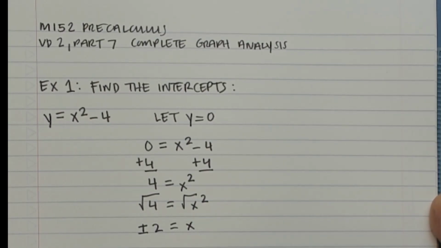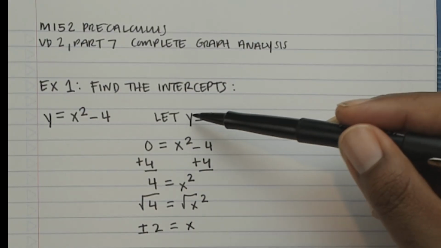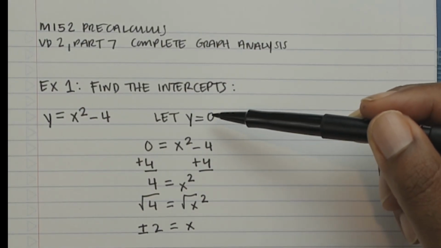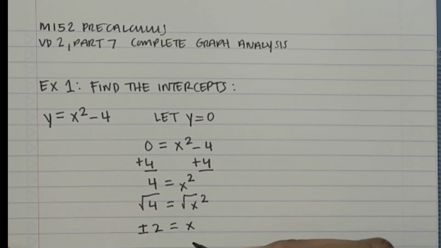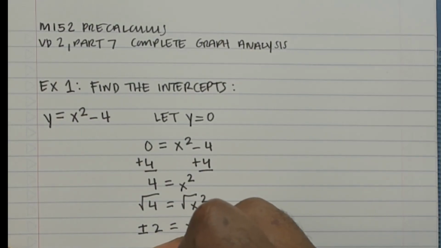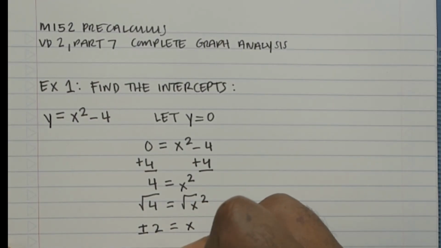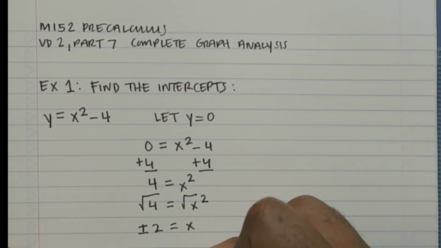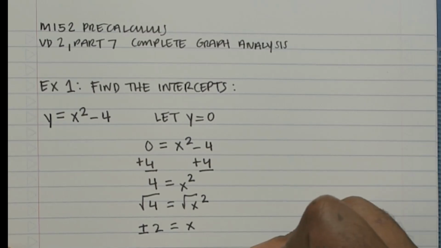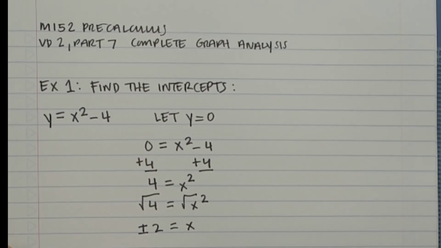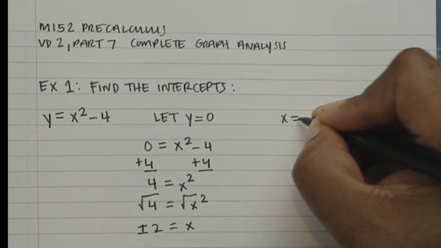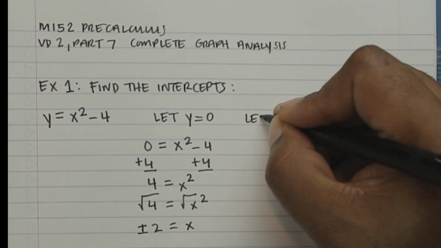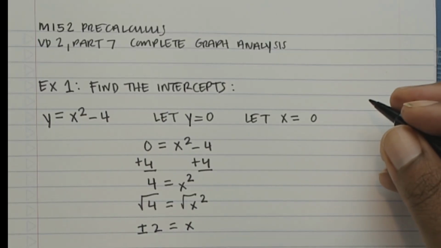Now, again, let y equal 0 if we want to find the x-intercept. So the x-intercepts are (-2, 0) and (2, 0). Now let's find the y-intercept. In order to find the y-intercept, we let x equal 0.